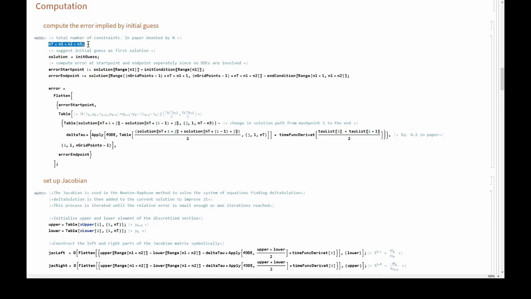First, some notation. Here we have small nt. This is what you find in the paper denoted as capital N. In Mathematica, starting variables with capital letters is typically reserved for functions, which is why I can't use nt here.